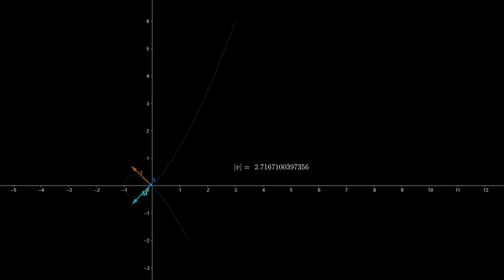I don't have it set up to where n should disappear when it needs to, and I've labeled it as m instead of n here, but we see that T is always pointing in the direction of travel, while m is always pointing in the direction that the object is turning in.